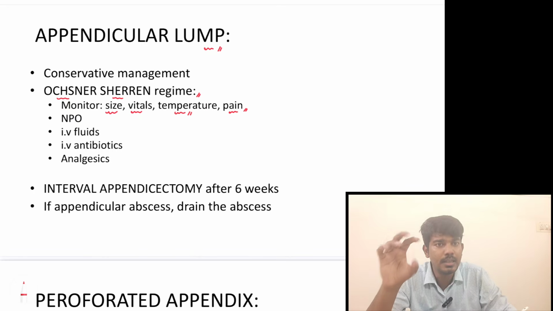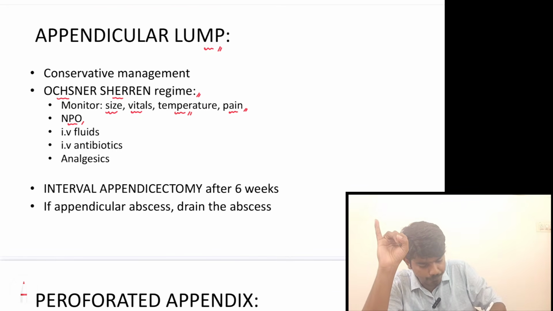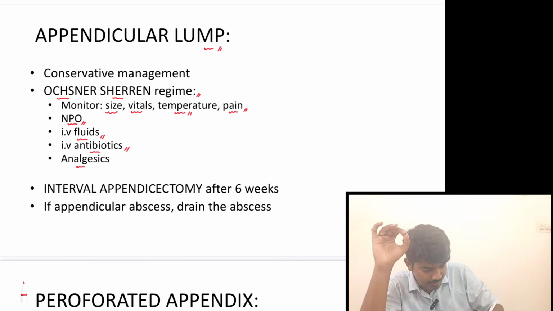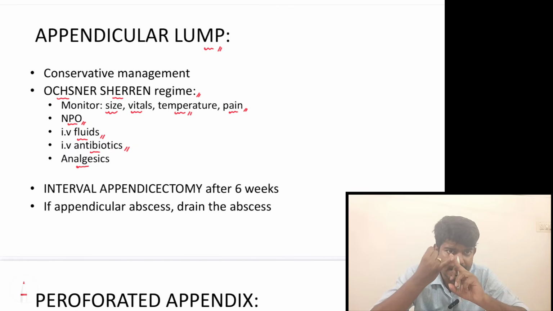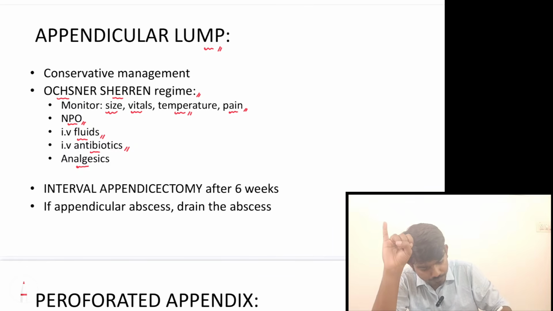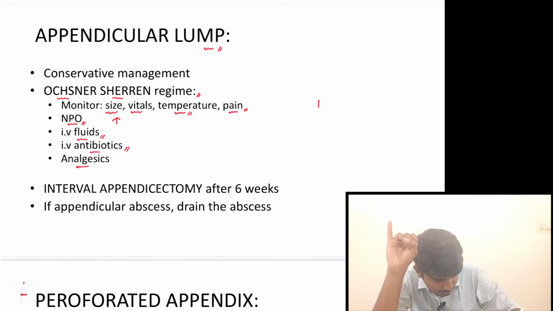Okay, next we are going to keep the patient NPO. We are going to give IV fluids. Then for infection we are going to give antibiotics, for pain we are going to give analgesics. We are going to monitor the size. If the size increases, number one. If the heart rate increases, number two. If the blood pressure decreases, number three.